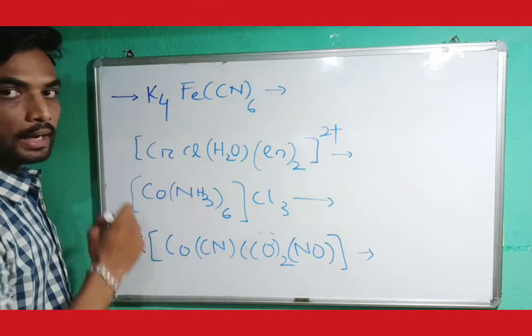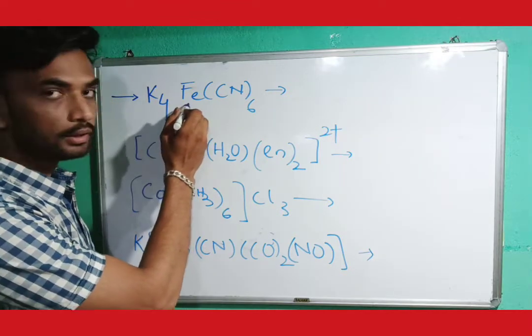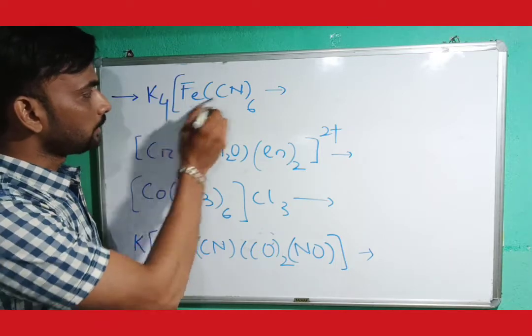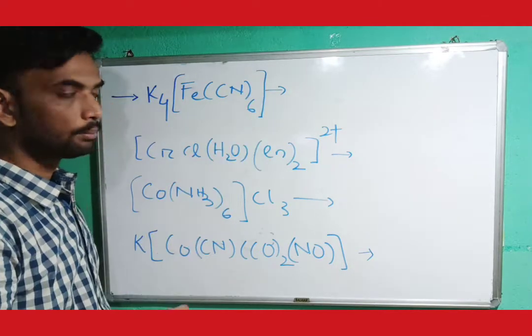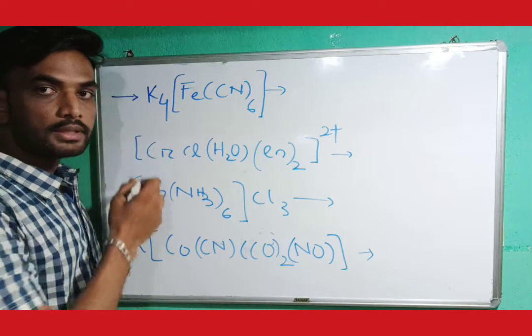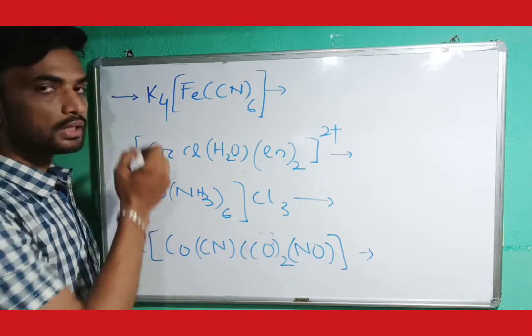The first example is K4[Fe(CN)6]. In this case, there is a square bracket in the complex part. Before the complex part, there is a basic radical, that is potassium, 4 potassium.